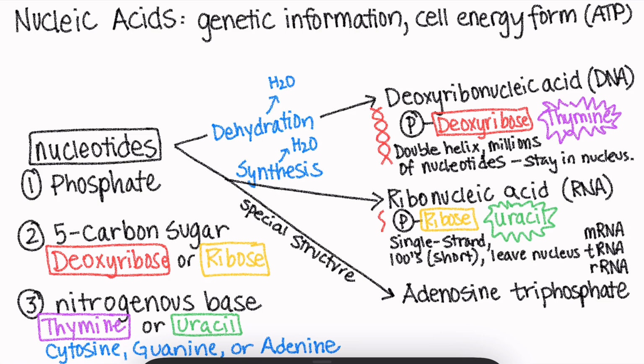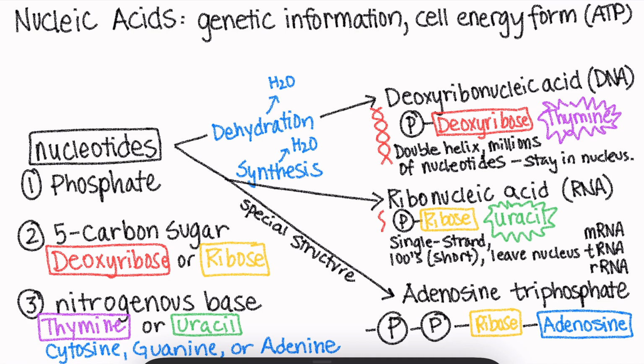Adenosine triphosphate will have adenosine for its nitrogenous base, and that will be hooked to a ribose sugar, and then that will be hooked to 3 phosphates. And if one of these is broken off, energy is released, so it can use this as energy currency in our cells.